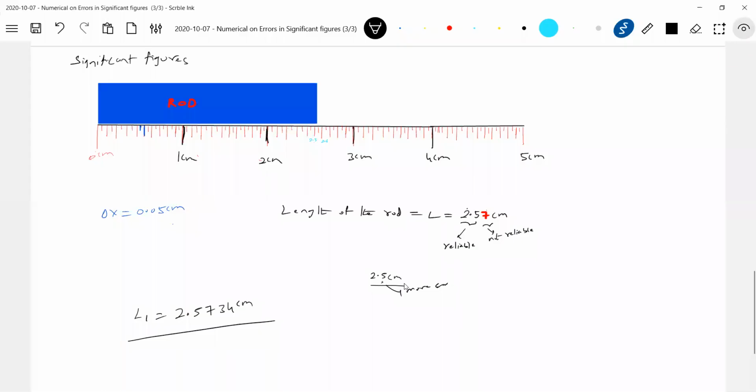Very sure about 2, 5, 7, and 3, and not sure about this. So this is not reliable, but everything will become significant figures. So don't think that only 2 and 5 are significant. Even this is a guess. Like that, what you should not write. Means you did measurement. If you write like this is what reliable.